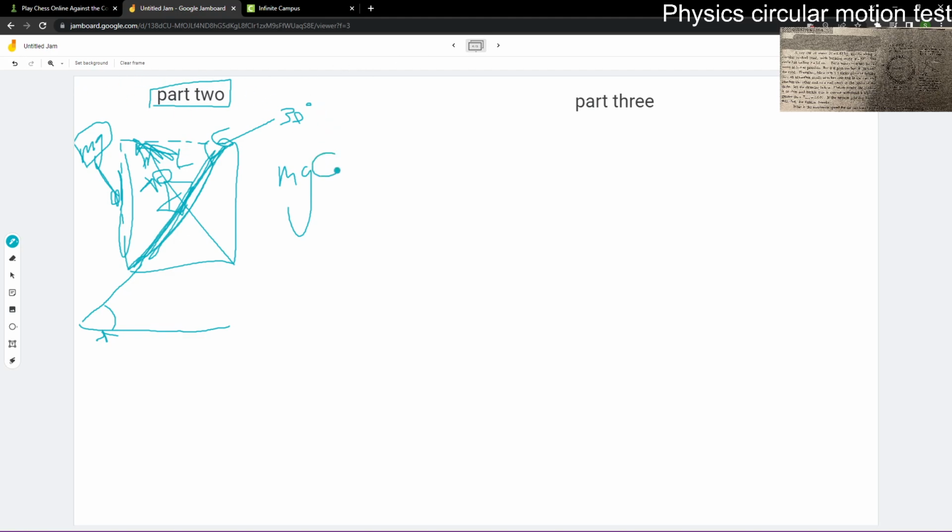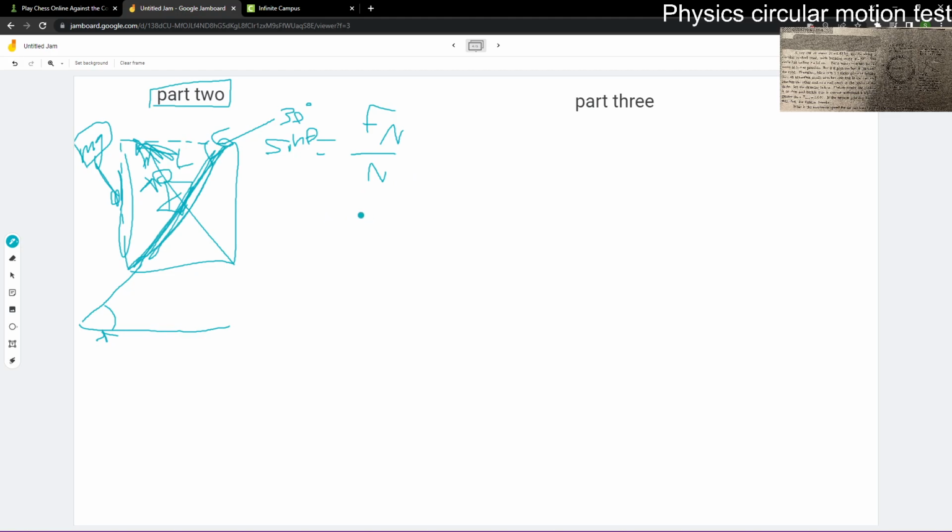It would be cosine. Right, no, it would be sine. Wait, I'm sorry. Okay, so the normal force over N equals sine theta, because that would be this side over this side.